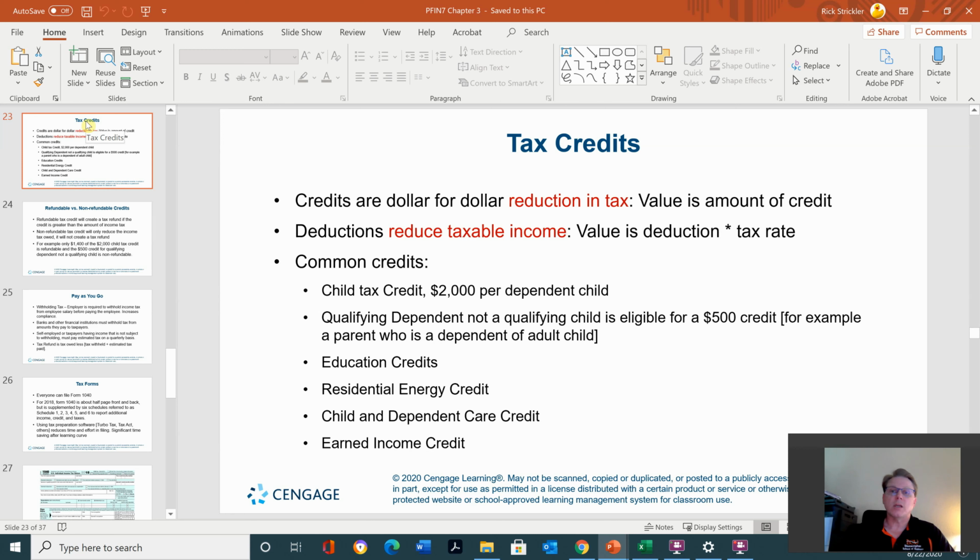You have education credits, residential energy credit, child and dependent care, and earned income credit. Again, most of them are subject to your earnings. So if you earn above the amount that's allowed, then some of these will not qualify. So in other words, you can't take them if you make too much money.